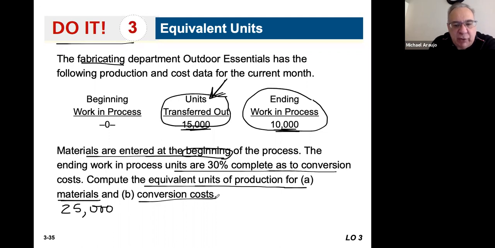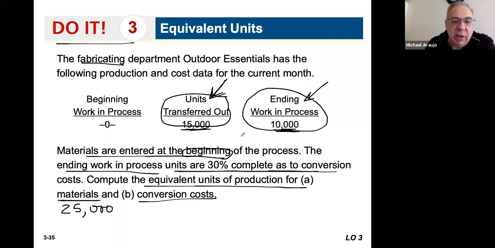That's not true for conversion costs, because only 30% of the conversion costs are accounted for in the work in process number. So of these 10,000 units, they're only 30% complete regarding conversion.